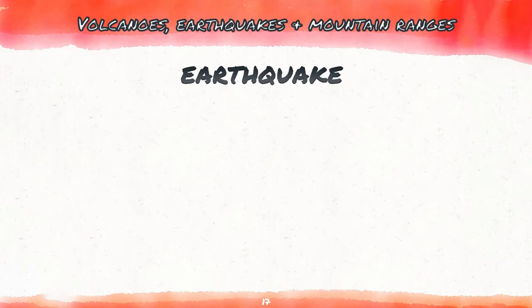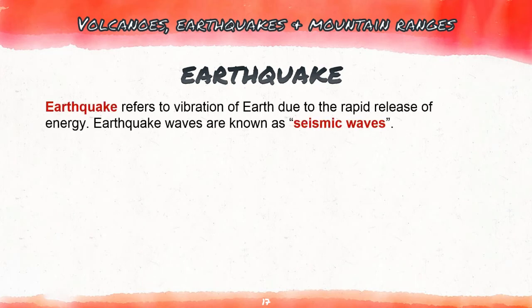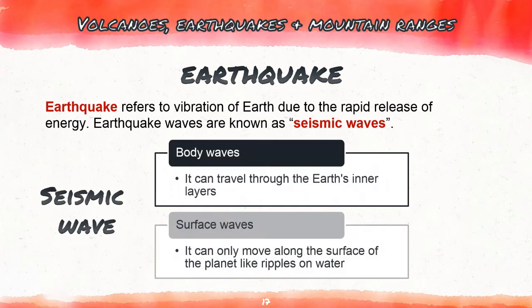Let us first talk about the earthquake. An earthquake refers to the vibration of the Earth due to the rapid release of energy. Earthquake waves are known as seismic waves. Seismic waves can be categorized into two: the body waves and the surface waves.